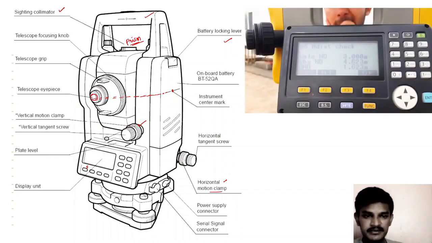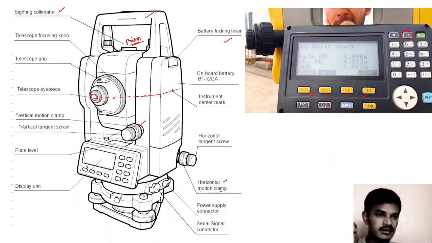So here we can see the display unit, and we'll have different function keys. With respect to the type of operation we are interested in, if we want to calculate the area, we can use these function keys and do the operations. These will be numbers.